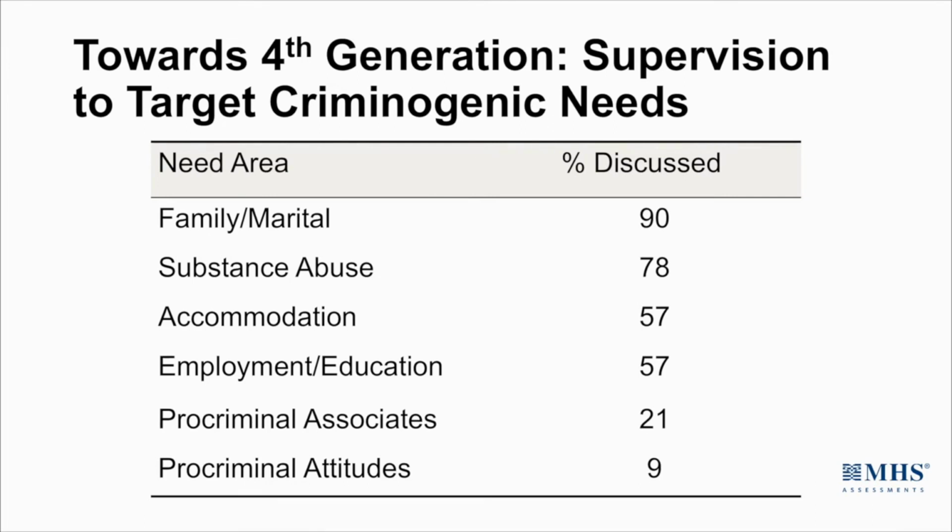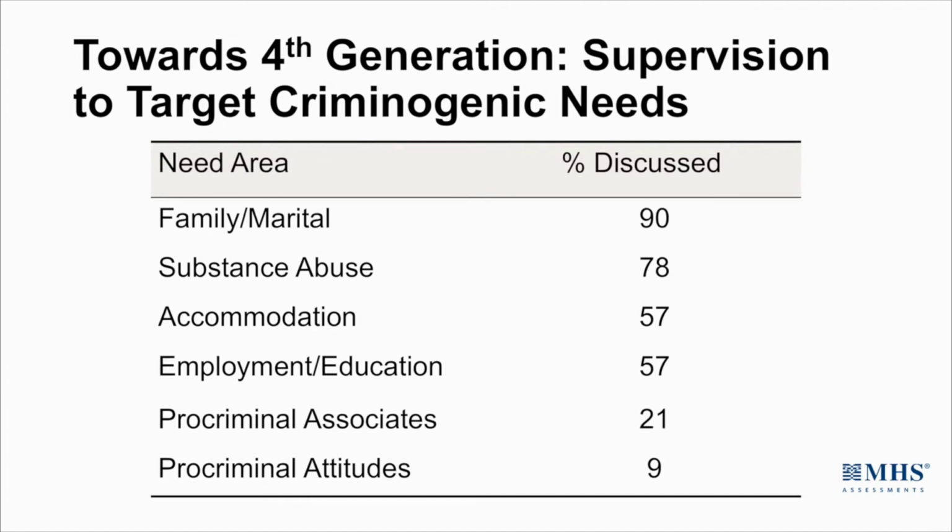Well, probation officers were very good at dealing with family, marital, substance abuse issues. You see them coming up in their recordings. But if the problem was around your friends or your attitudes, they just weren't there.